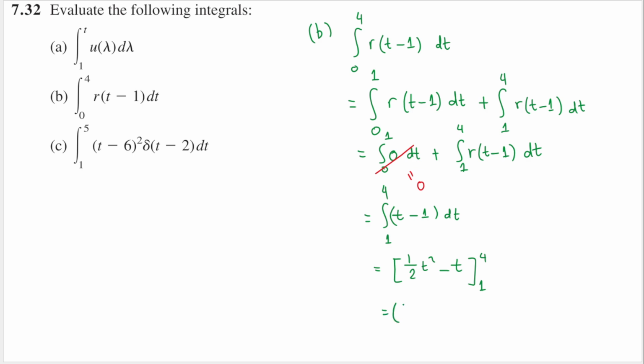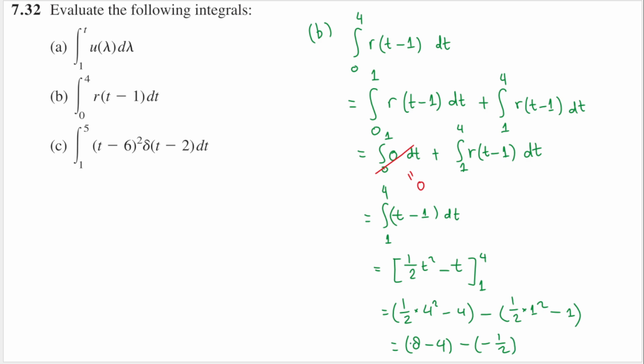So we will have 1/2 multiplied by 4 squared minus 4, and then minus 1/2 multiplied by 1 squared minus 1. We will have 16 over 2 which is 8, minus 4, minus, and this will be 1/2 minus 1, so I will have minus 1/2.